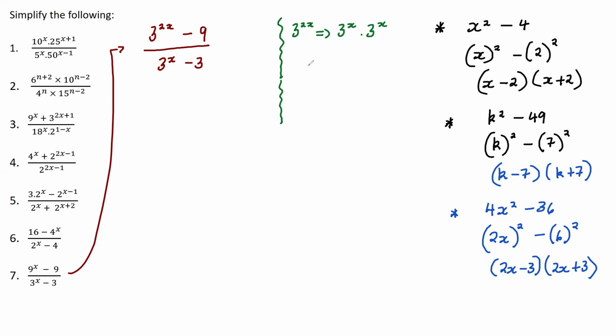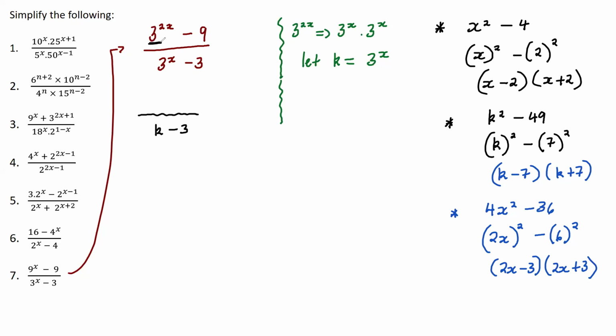I'm introducing the K method. Okay, make your life easy. Can't we say, let the K be 3 to the power x? What it means is that wherever there is 3 to the power x, I will put K. So at the bottom, it's going to be K minus 3.